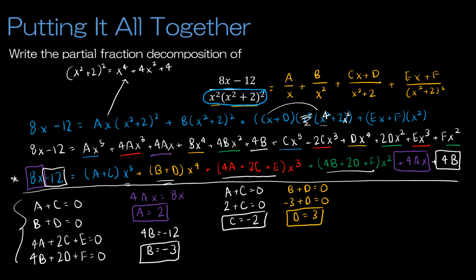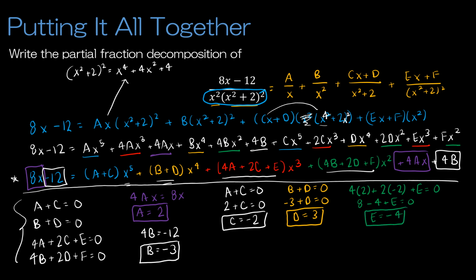And I'm trying to find e, so let's use that third equation. That third equation says 4a, which is 2, plus 2c, which is negative 2, plus e is equal to 0. So that's 8 minus 4 plus e equals 0. So that's positive 4, so e is negative 4.